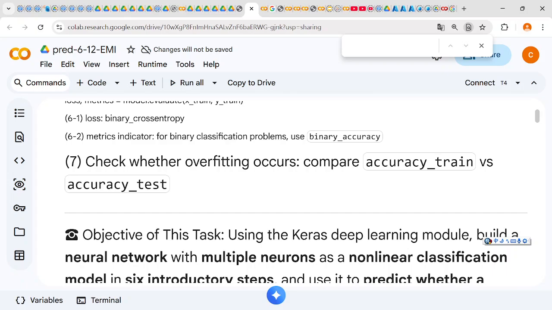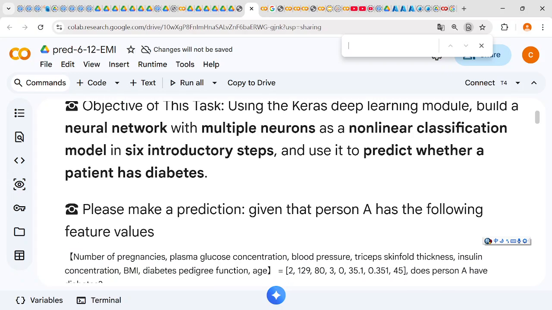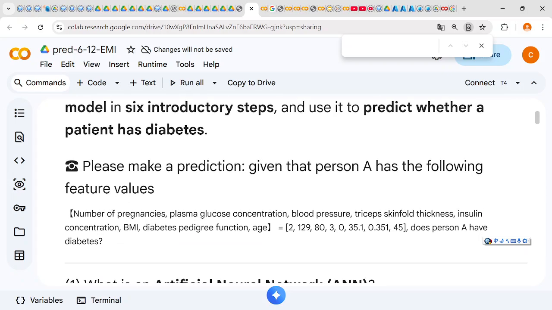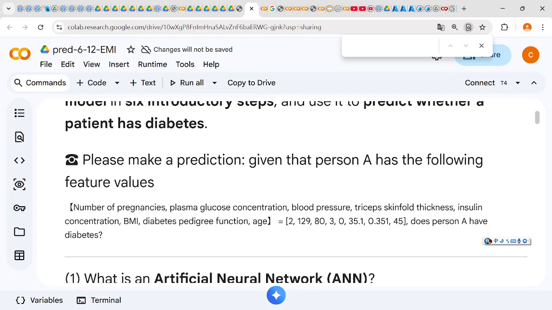The objective of this task is to use the Keras deep learning modules and build a neural network with multiple neurons as a nonlinear classification model in 6 introductory steps, and use it to predict whether a patient has diabetes, and make a prediction given that person A has the following feature values.